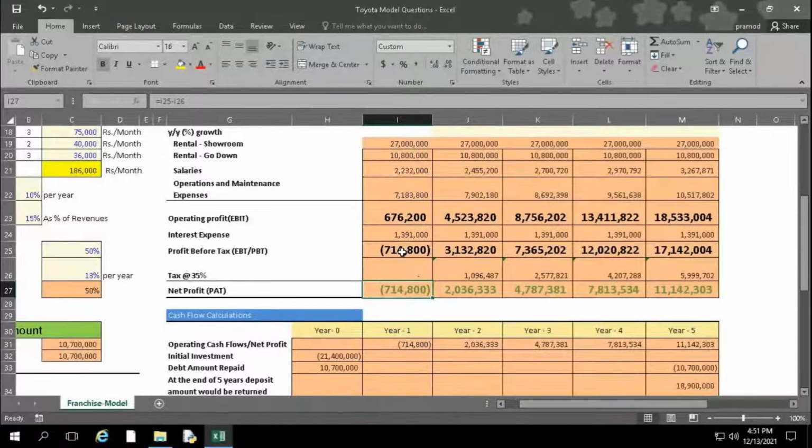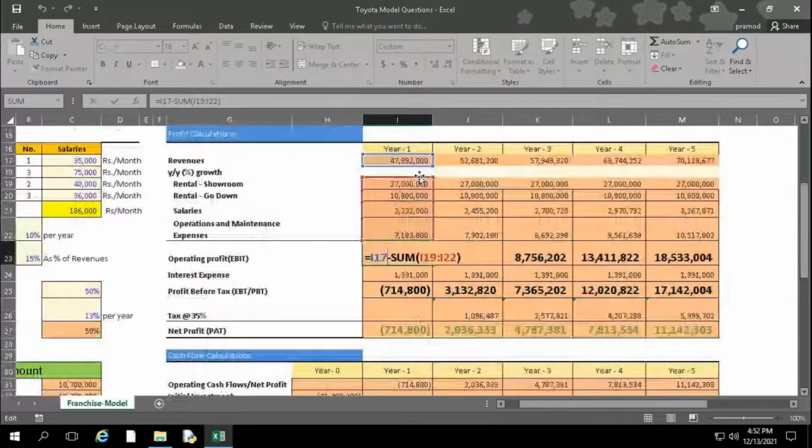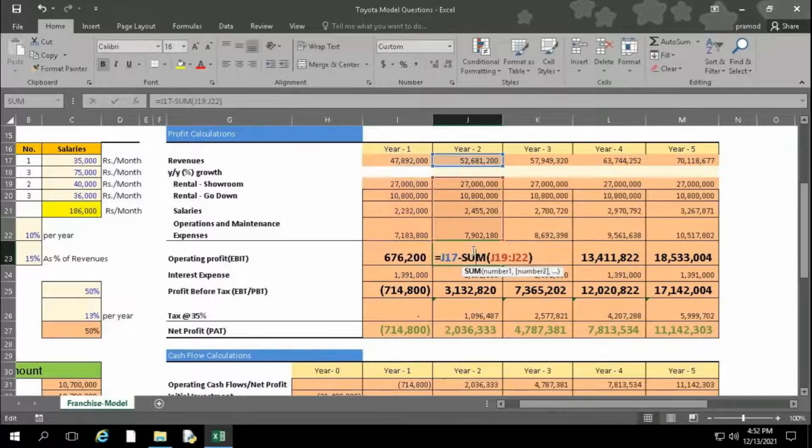So I'm getting different values for these operating profit. For the first year I'm getting the same, sir, but for the second year I'm getting different. Check with the formula whether you did the same thing.